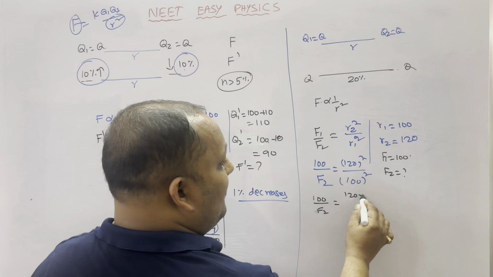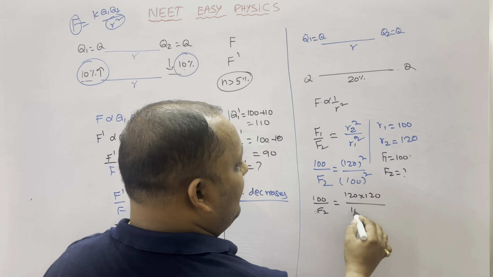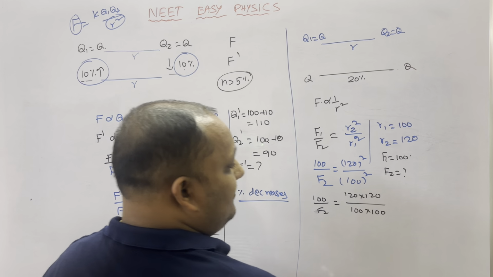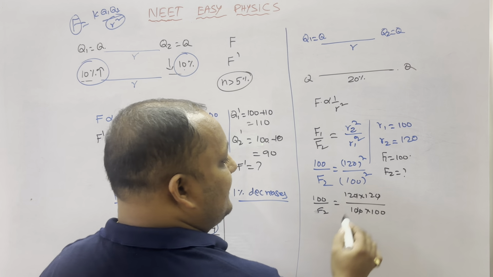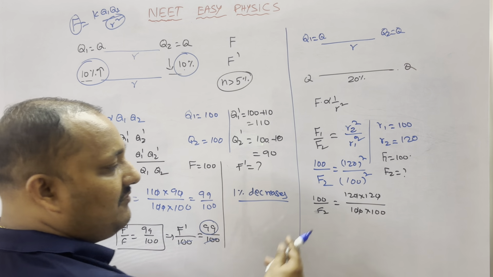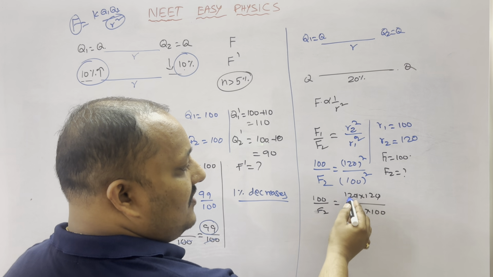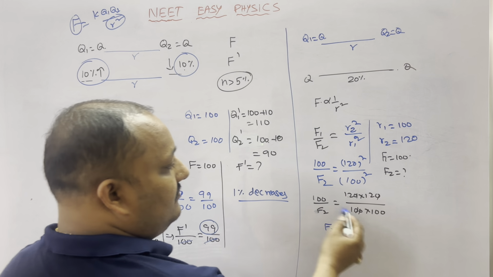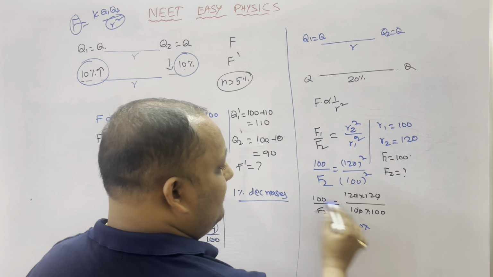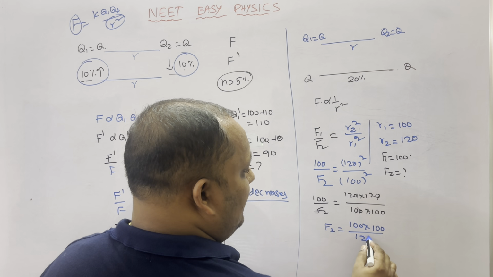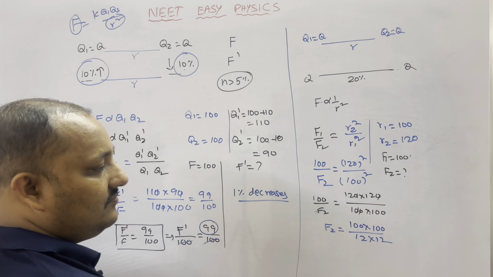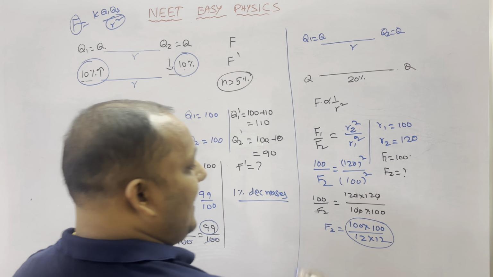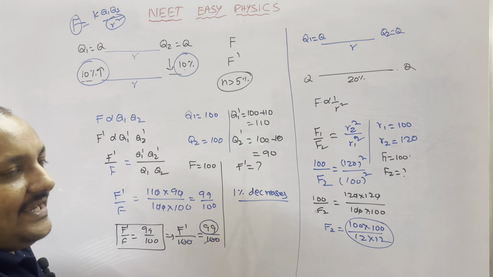Carefully you should do it. 120 into 120 by 100 into 100. So 100 will be cancelled. Then what will be remaining here? 12 12s are 144. So F2 is equal to 100 into 100 by 12 into 12. So we can cancel these two carefully.